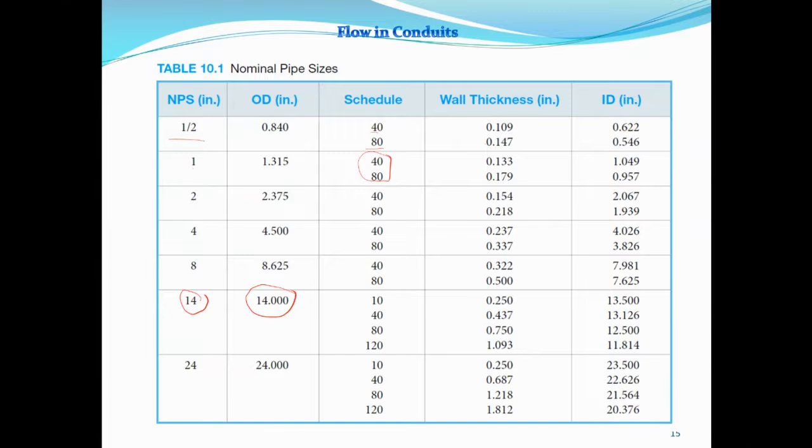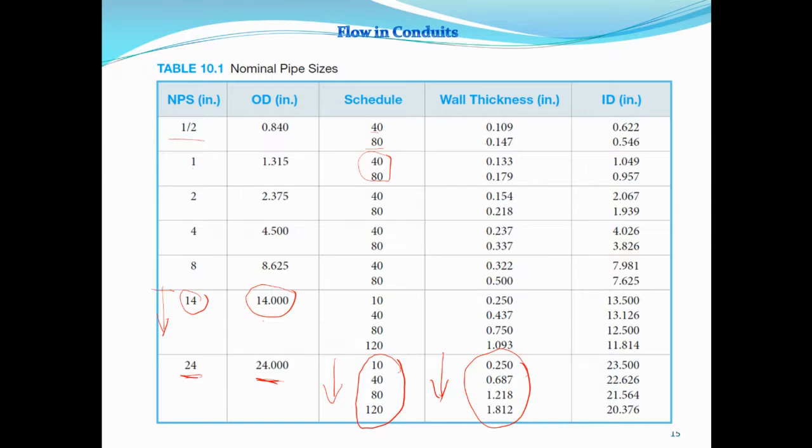Except for 14 inches, where the outside diameter and the nominal pipe size are the same, from 14 upward. You see 24 inches also, and then you have different schedules depending on the wall thickness, because as the schedule increases, the wall thickness increases as well.